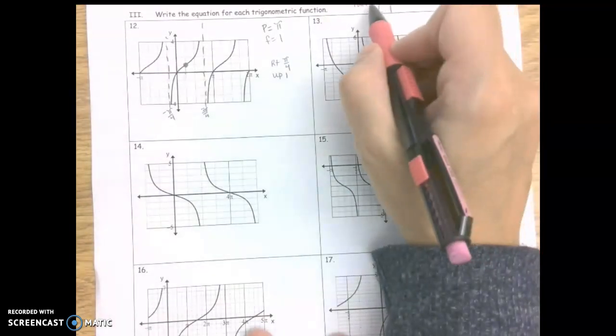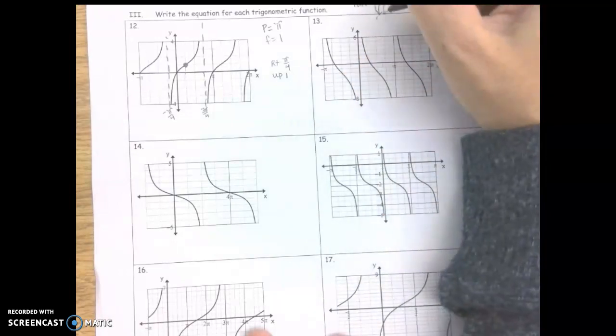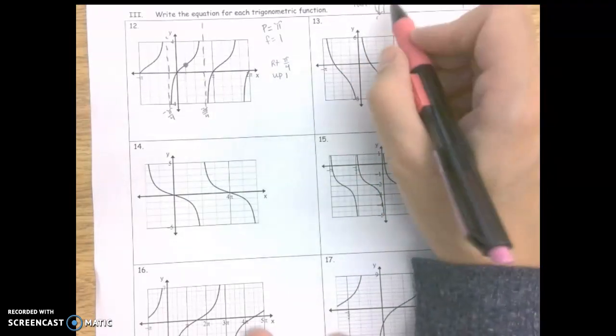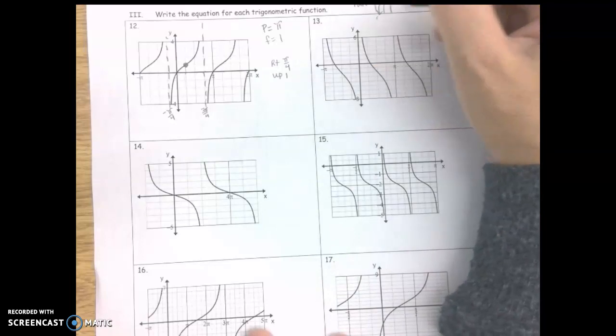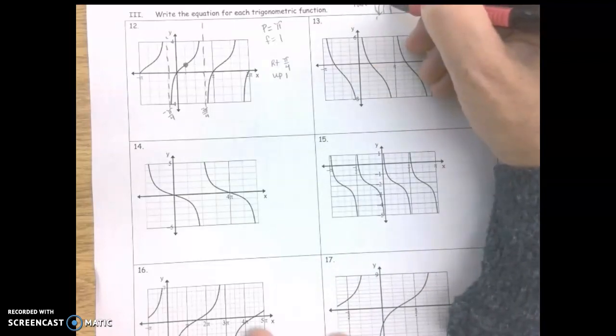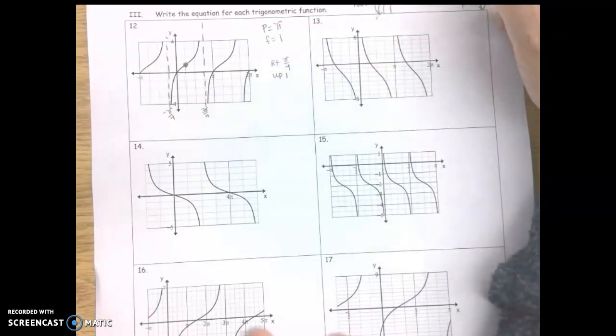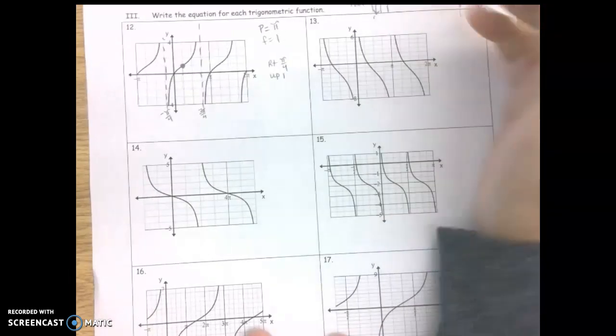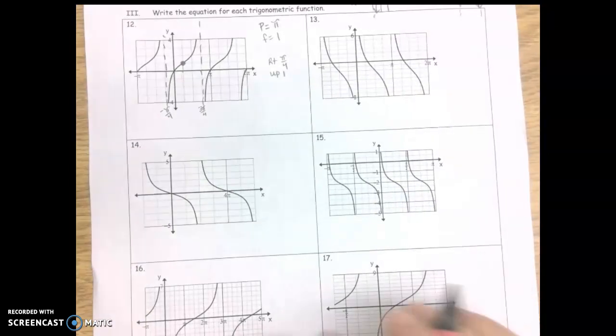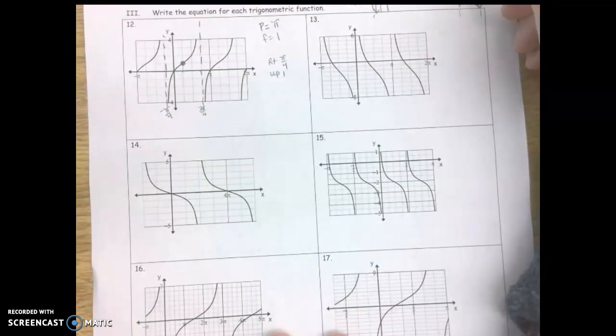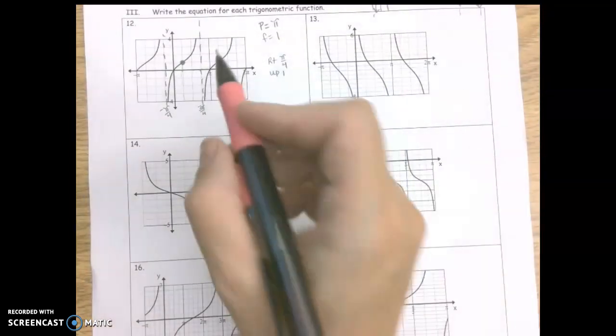Also, tangent centers on the x and y-axis, so any phase shifting we can see by this center point. For cotangent, we look for that asymptote on the left, and that tells me my phase shift. My vertical shift, I'll look at that middle point to see how it changes.